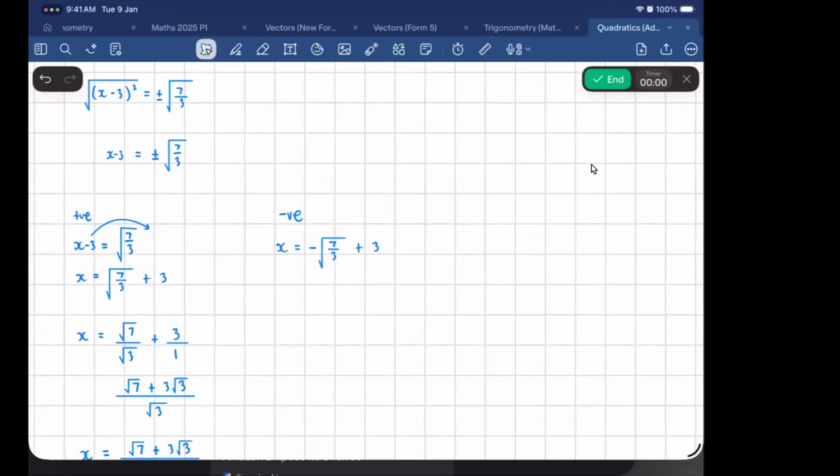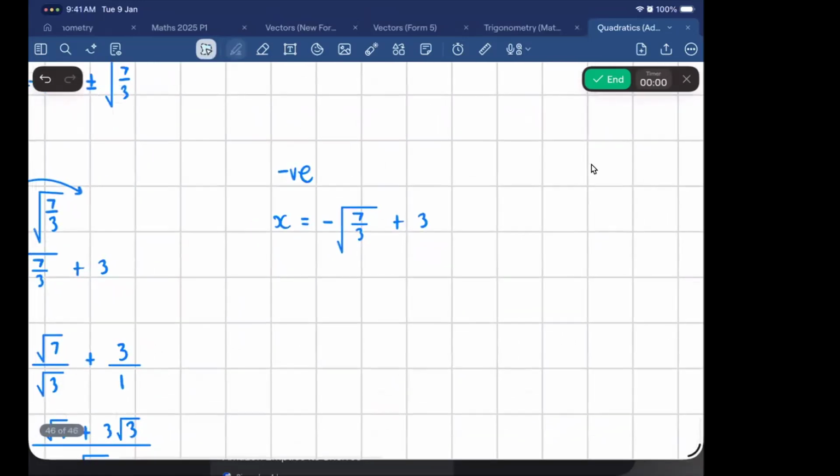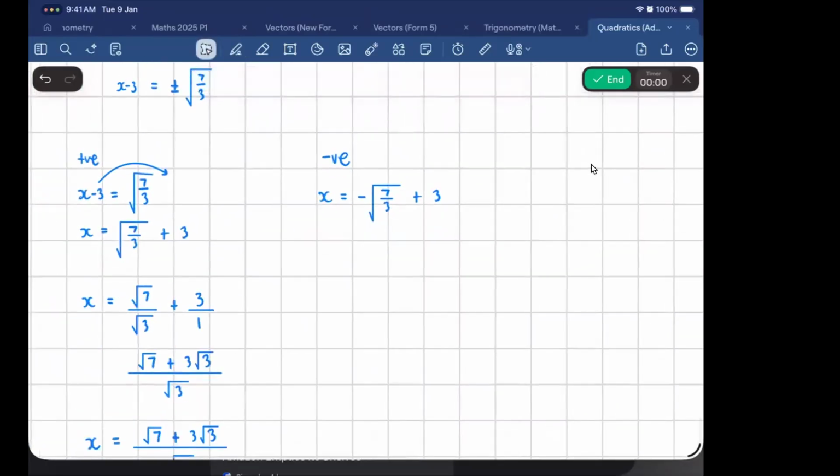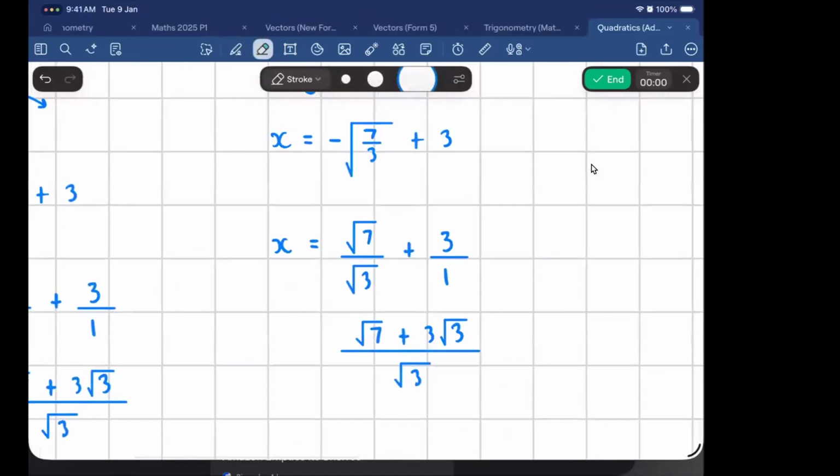So you find the LCM. Again, the LCM is root 3. It's the exact same working, just with a negative sign here.